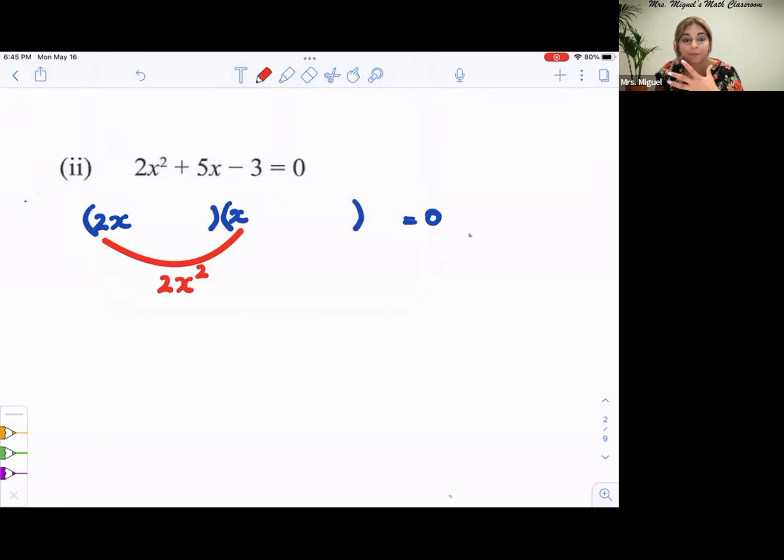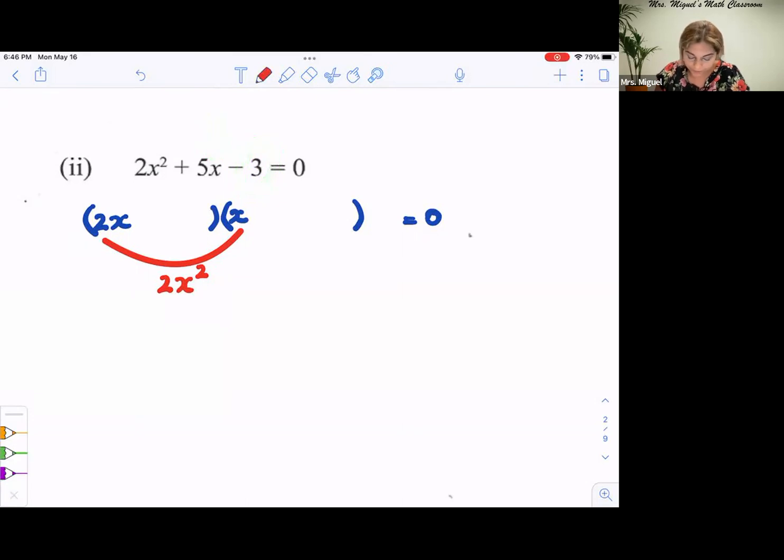So I am supposed to know that the factors of 2x squared are 2x by x. So I already have that. Now I need to find the factors of 3. Now the factors of 3 are 1 by 3. Now when I am putting the factors of 3, I need to get 5.